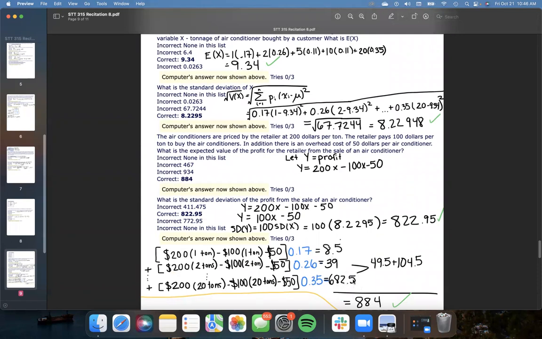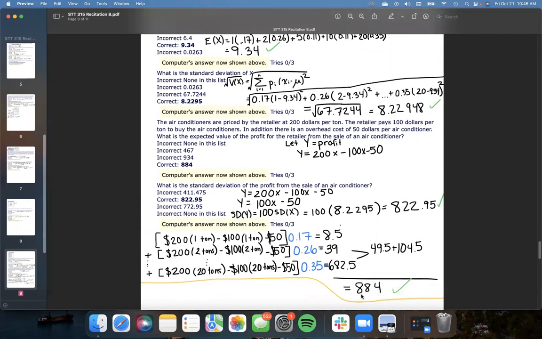So you add up all of these values together, and then you get 884. So that's the expected value for the profit. So the expectation of Y.